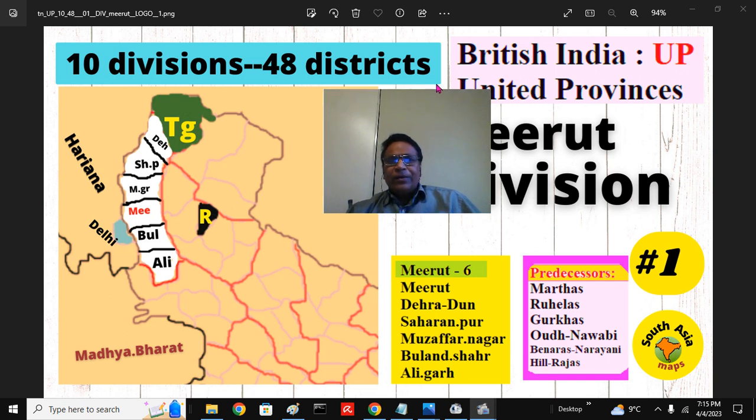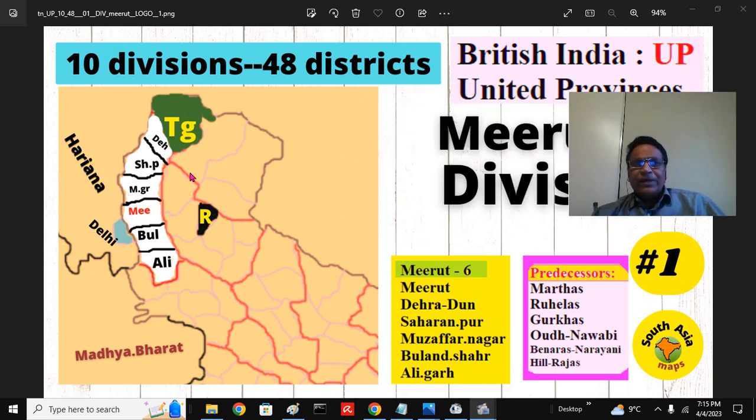We are talking about the Meerut division today. There are 10 divisions, and this is the Meerut division. It has Dehradun in the north, Saharanpur, Muzaffarnagar, Meerut, Bulandshahr and Aligarh.